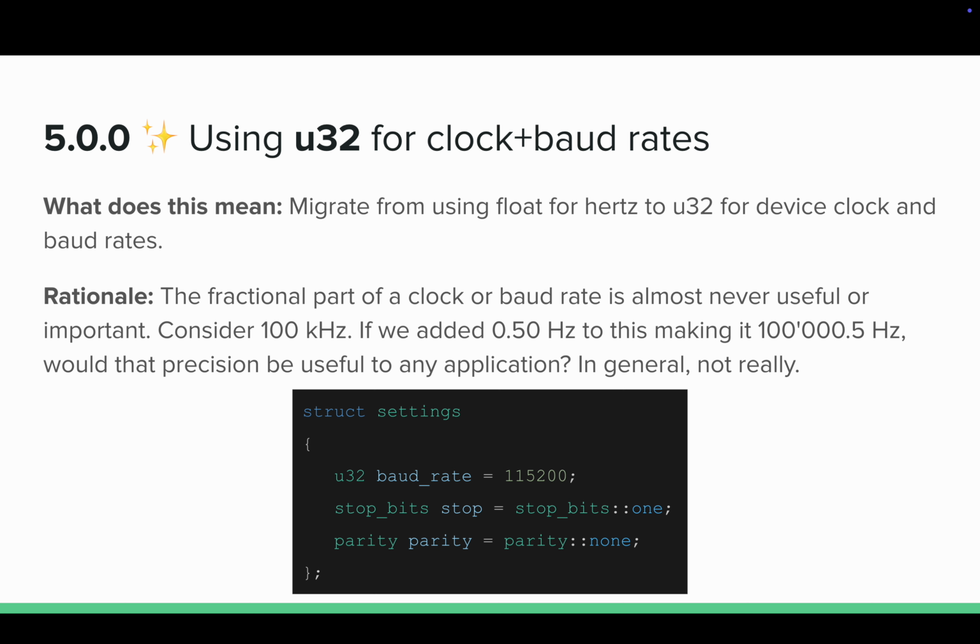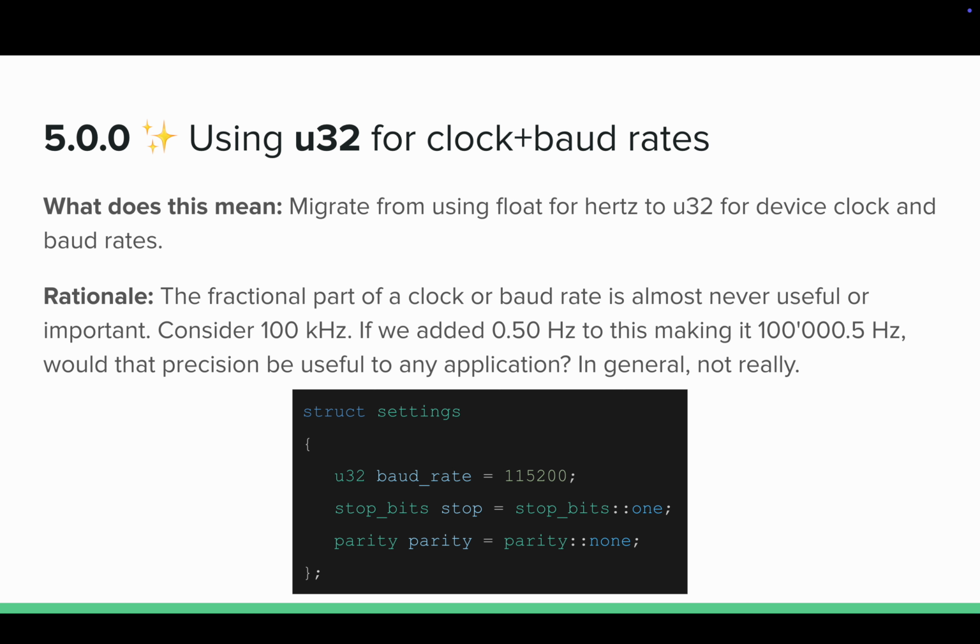But when it comes to the frequencies here, basically floating point gives us a lot of flexibility, but we don't really need that much flexibility. It's unlikely that we'll ever set a clock rate to below 1 hertz, so having something fractional below 1 isn't useful. Having a fraction on top of a rather large frequency also isn't helpful. For example, if you consider 100 kilohertz, and you wanted it to be half a hertz on top of that, that adds so little to the overall frequency that it's pretty much a rounding error.